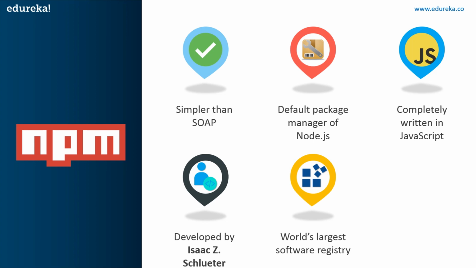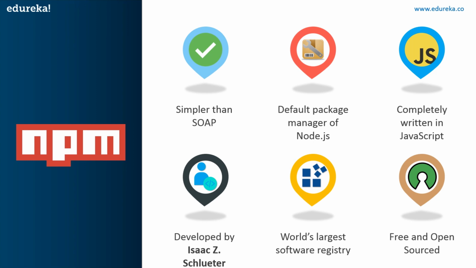As I said, you don't have to install NPM separately because it gets automatically installed into the system with the installation of Node.js. And as I said, it's a free and open source package system. So all the required packages and modules in a Node project, you have to install using NPM.